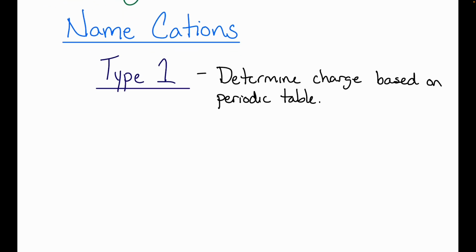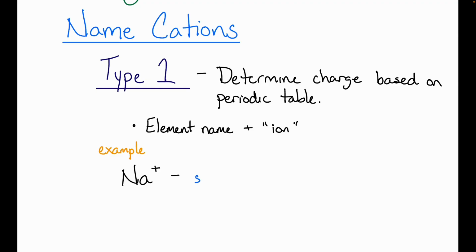So for example, let's actually just put some examples. Na plus. All right, if we have a type 1 cation, it's simply the element name plus the word ion. All right, so Na plus, this is simply the sodium ion.